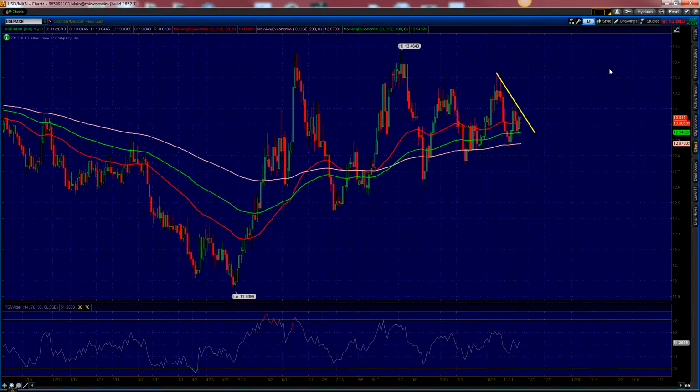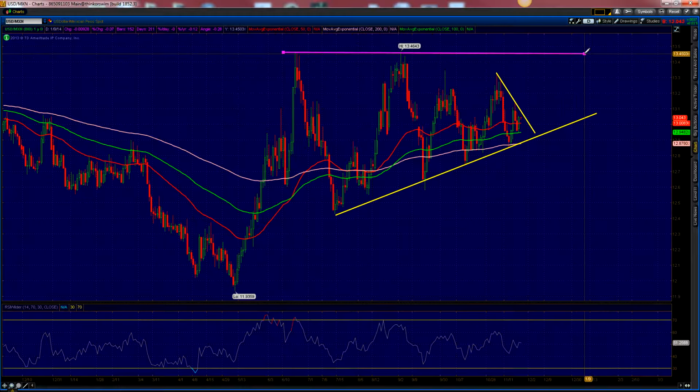If we draw it up here, this is a daily chart now, it's pretty interesting, a very firm ascending trend line here. Alright, we're about to test one of the descending trend lines. Next, horizontal resistance is up here around 13.45. But the pair does look like it's trying to move itself higher.